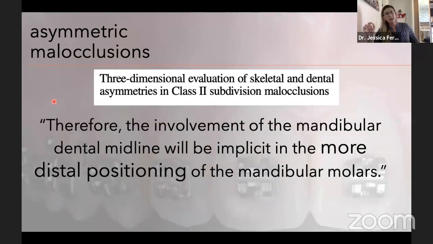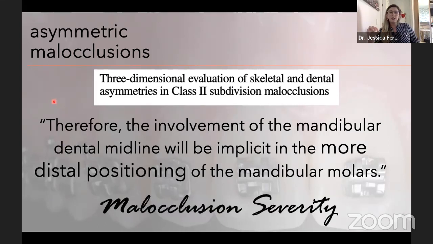And he established in his article that the involvement of the mandibular dental midline will be implicit in the more distal positioning of the mandibular molars. So he's talking about the malocclusion severity. The malocclusion severity is very important to determine which approach, which strategy we use in our treatment.